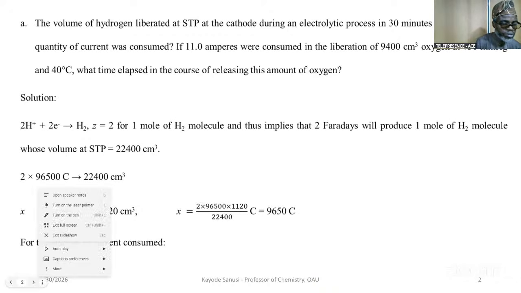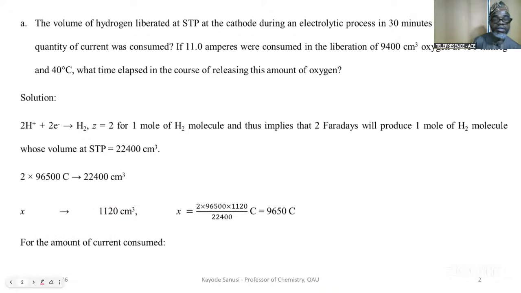Now, looking at this problem, we have been told that the volume of hydrogen liberated at STP during an electrolytic process in 30 minutes is 1,120 cubic centimeters.